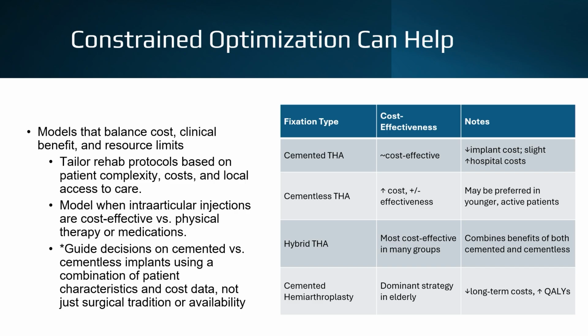And so you could see here that there were notes made in the clinical practice guidelines. Cementless might be preferred in younger active patients, even though cemented decreases costs and implant costs. There is a hospital cost. But again, if you have an older patient, maybe that's the more appropriate decision to make.